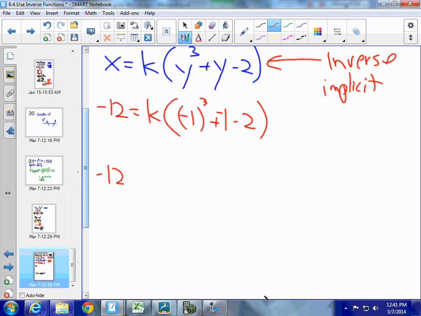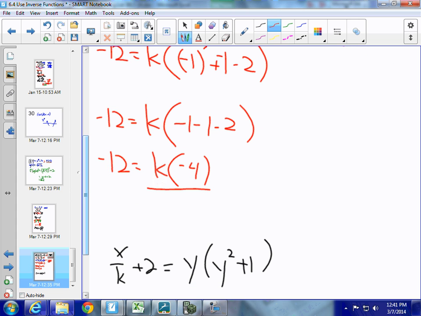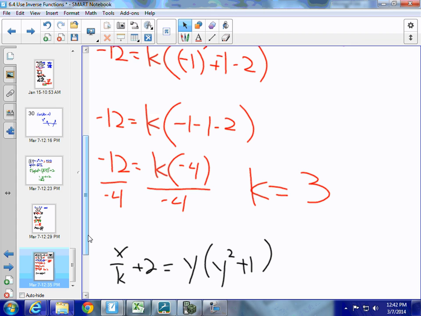Negative 1 cubed is negative 1, isn't it? Negative 1 minus 1 minus 2. Negative 12 is equal to k times negative 4. Divide by negative 4, divide by negative 4. I find out that k is equal to 3. Yay.